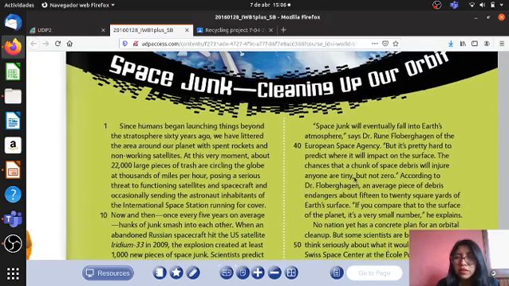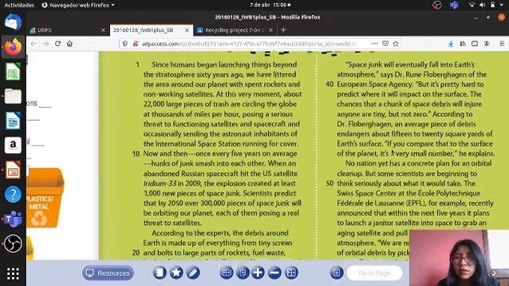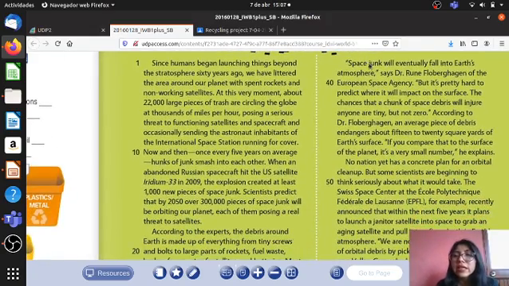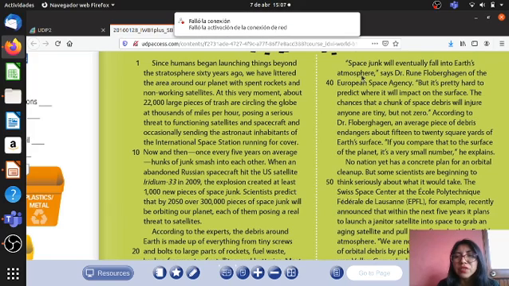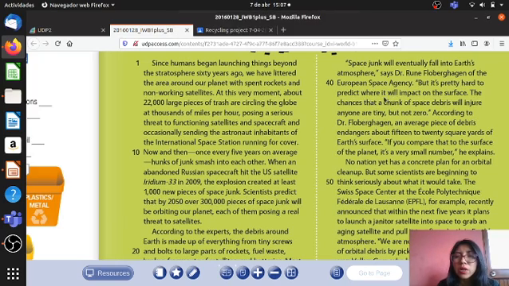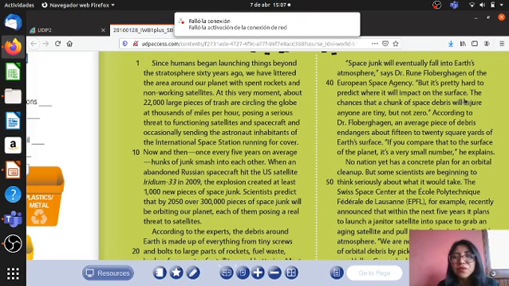In this part it says, space junk will eventually fall into Earth's atmosphere, says Dr. Ron Flöbergeren of the European Space Agency. But it is pretty hard to predict where it will impact on the surface.